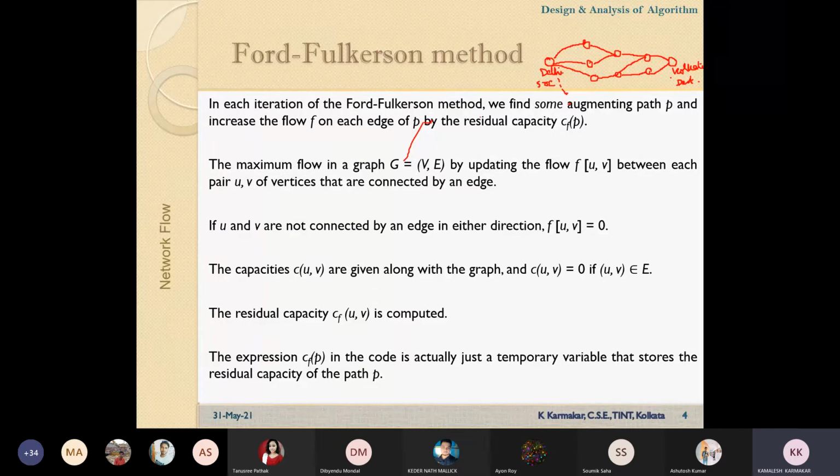So if we want to determine the maximum flow, in minimum time we have to transfer the maximum volume of goods from source to destination. So your objective is to determine the path in such a way that it will be a max flow problem.